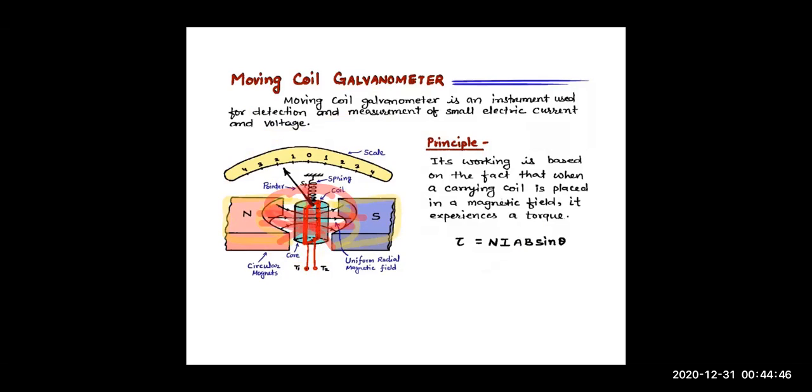That is your radial magnetic field, right, children? And here you can see that you have your red color coil. Now this coil consists of a large number of turns. So you have taken a copper wire, and you have wound the copper wire over some material.